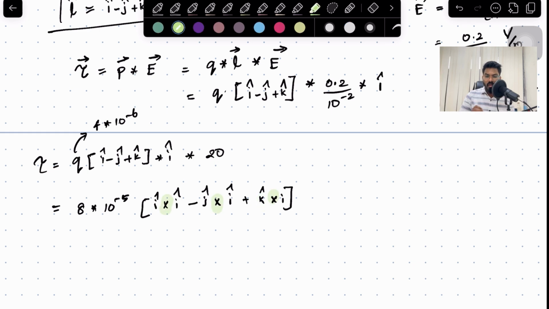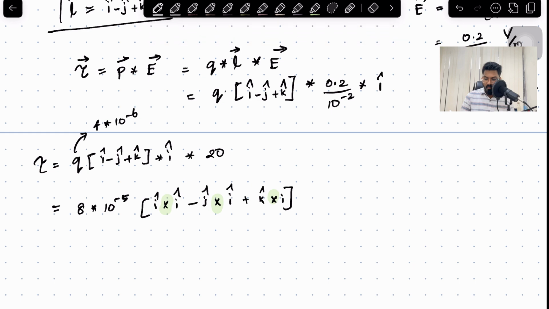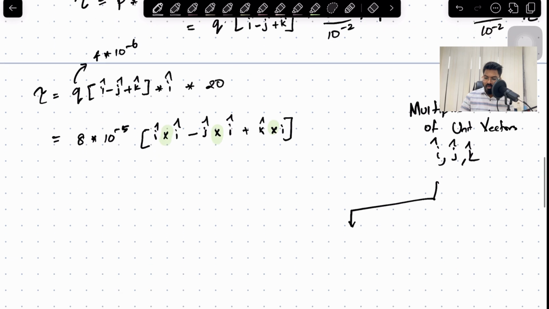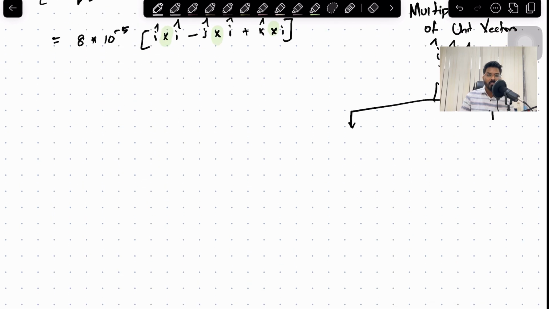So this is where the idea of how we multiply vectors comes into the picture. So when you multiply unit vectors, so we are speaking about 3 different unit vectors, right? I cap, J cap, K cap. Now there are 2 kinds of multiplication of unit vectors possible. One is dot, the other one is cross.